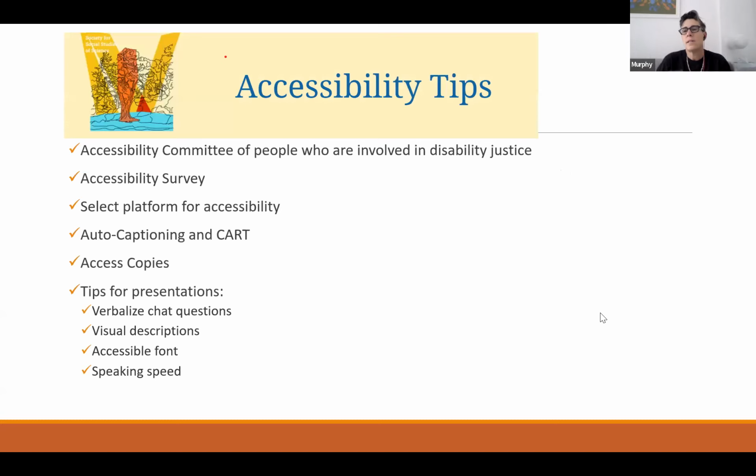And so if we're going to have distributed accessibility, we have to have training, we have to have surveys to find out about what people's needs are. We have to provide materials beforehand and during, and supports around achieving distributed accessibility. So of course you would do captioning or things like that, but there's so much more to do.